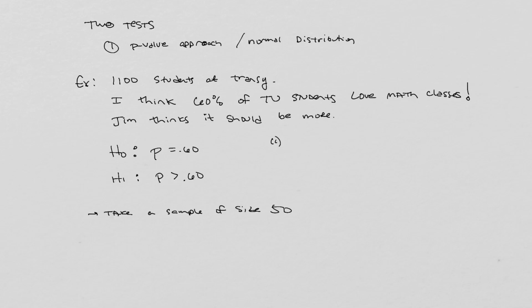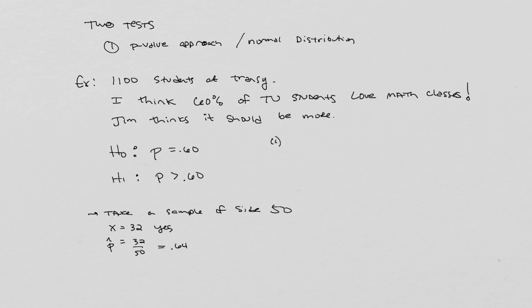In this sample of size 50, let's assume that 32 people said yes, they actually love math classes, which means the sample proportion, p hat, would be 32 over 50, which is 0.64.